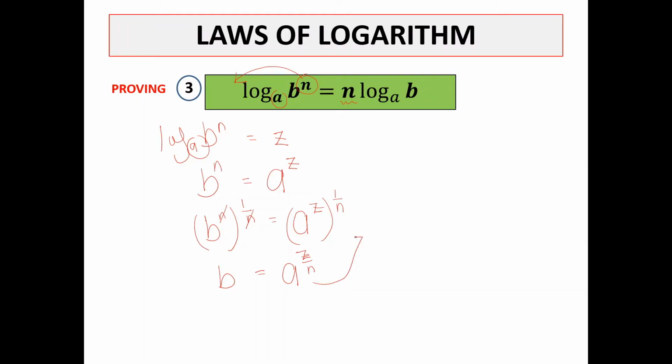Okay, now we change this form of index into logarithm form. So a is the base, so we bring it to the other side, and we will have the base of log.